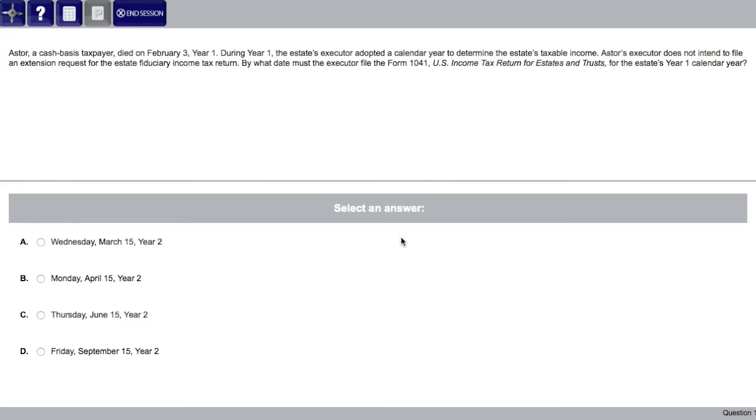So they have the option of a calendar year or a fiscal year, and it says that they decided to adopt a calendar year, and Astor died on February 3rd, which is the day that the estate tax year begins, and the calendar year ends at the end of the year, so December 31st.